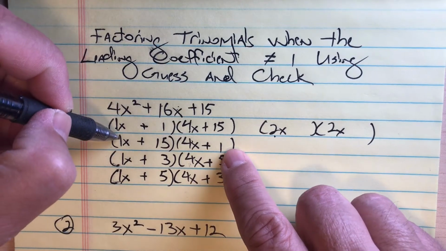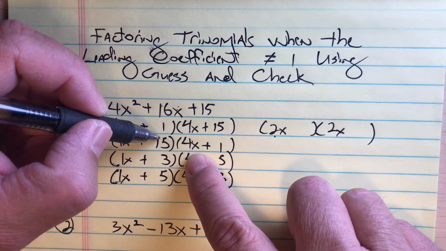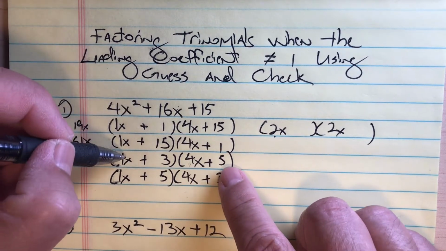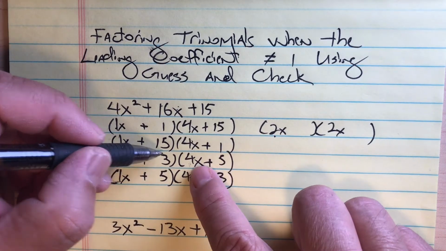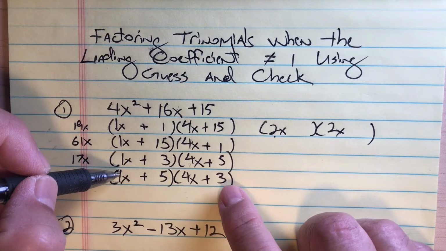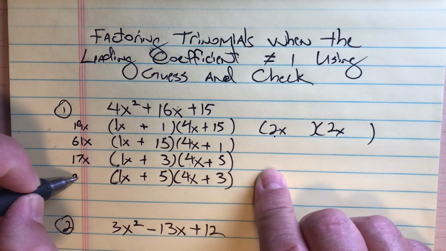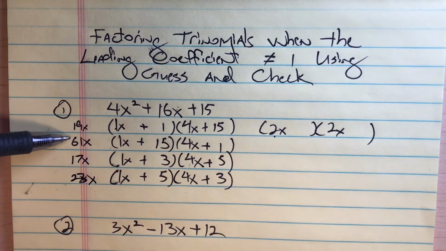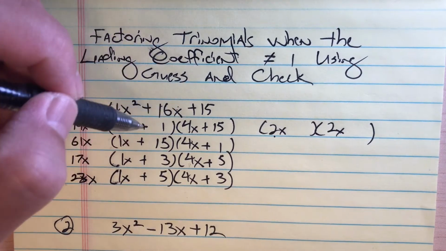That would be 1x and 60x, which is 61x. That is 5x and 12x, 17x. That comes out to 3x and 20x, 23x. None of these came out to 16x.